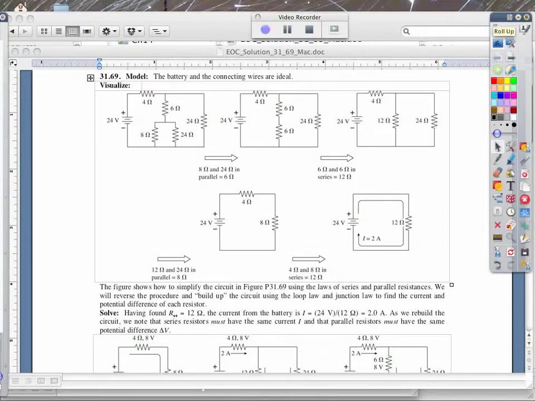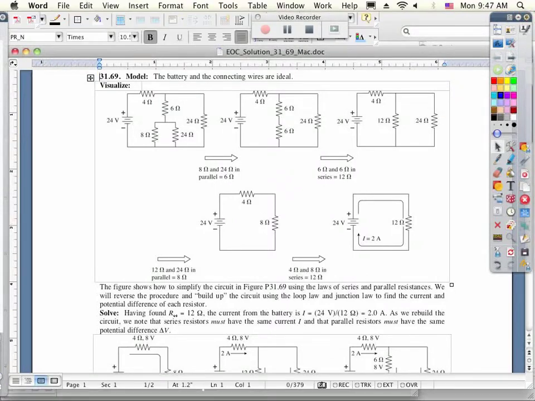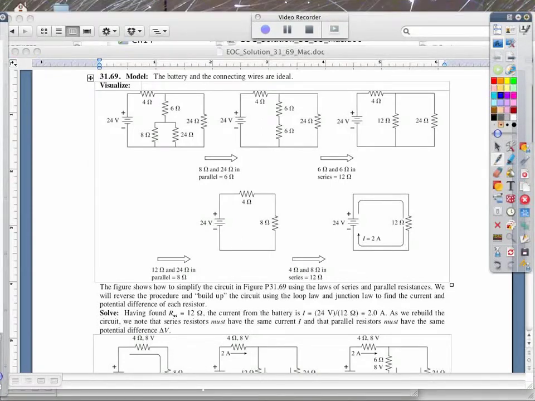Okay, so let me write this out, and I'll put voltage in red, current in blue. We know that this is 2 amps going this way, 2 amps coming this way. Everybody cool with that? So 2 amps in 4 ohms gives us 8 volts right there. That means this must be 16 volts.